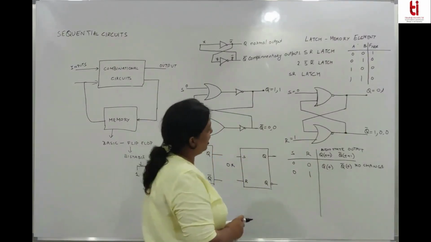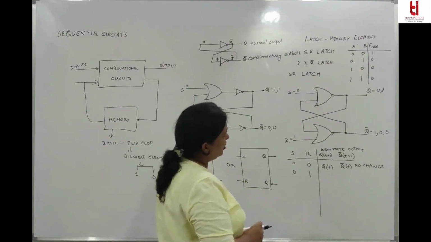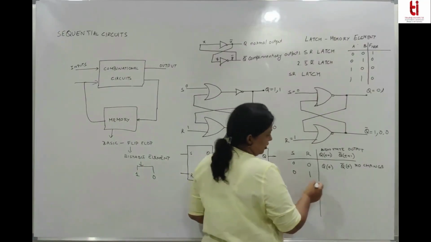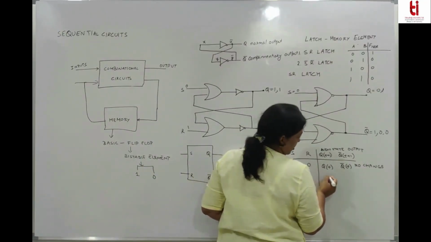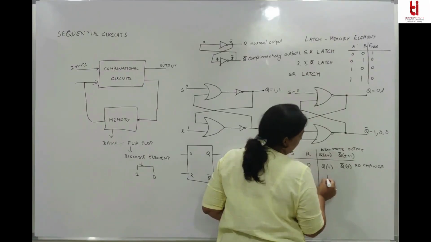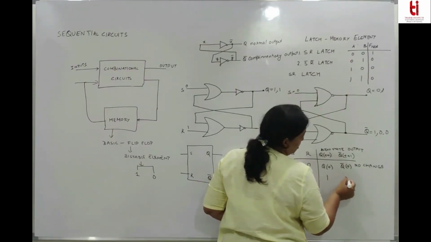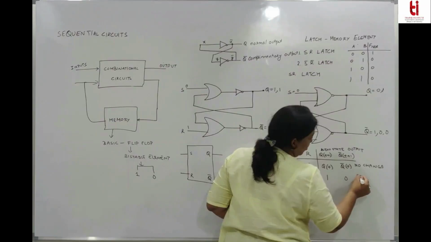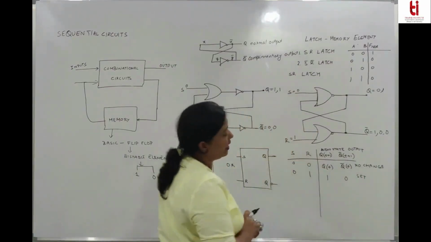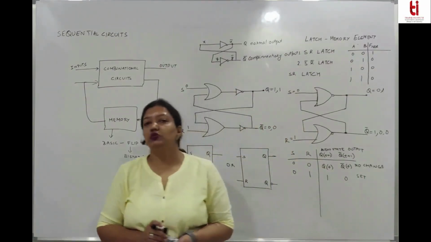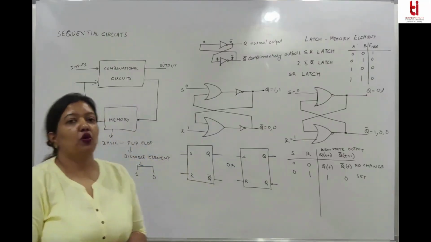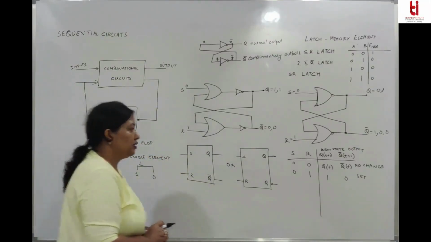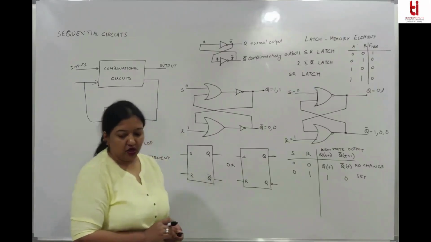When S is 0 and R is 1, then the output Q will be 1 and Q bar will be 0. That state, when Q is 1, in the previous one we said that when your normal output is 1, that state is called set state. Set state.